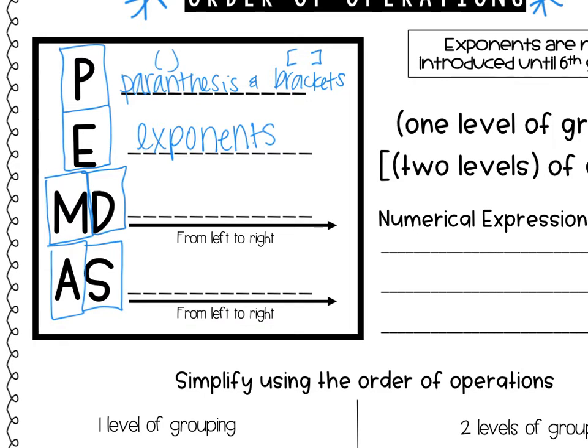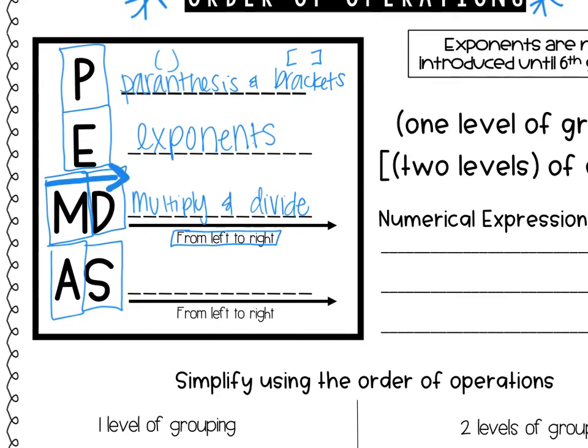So the M stands for multiply, and the D stands for divide. And it's very important that we remember to do these left to right. So these are to be solved from left to right. So right now just go ahead and draw an arrow on the top of the M and the D that goes from left to right.